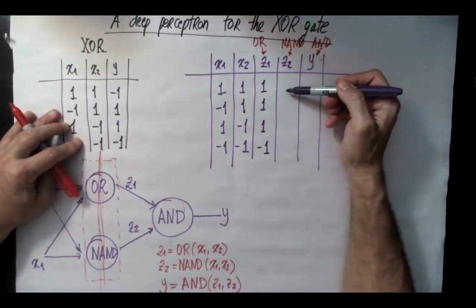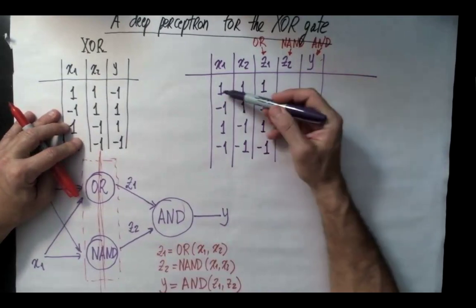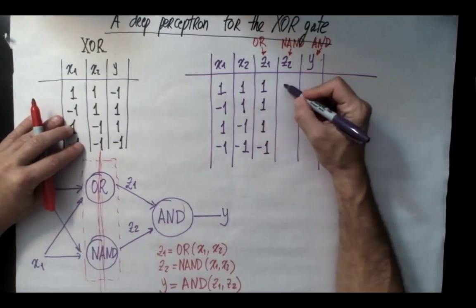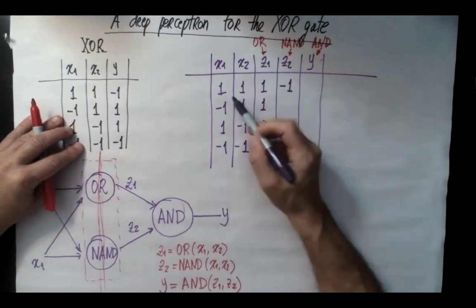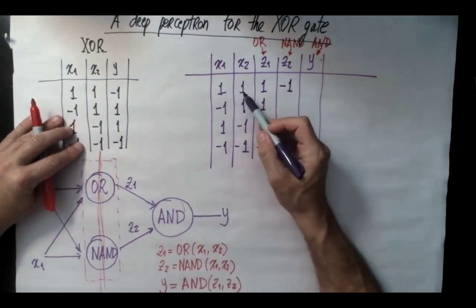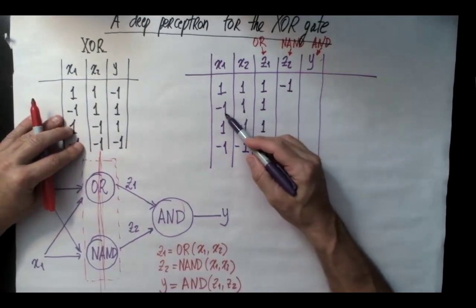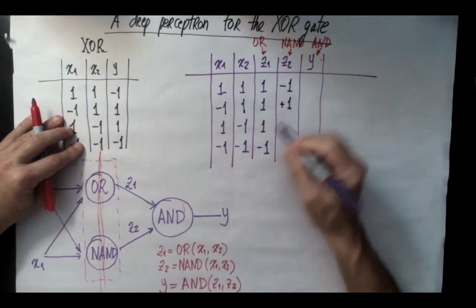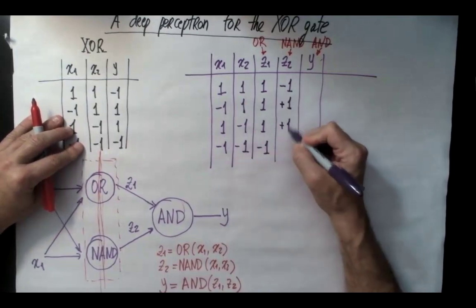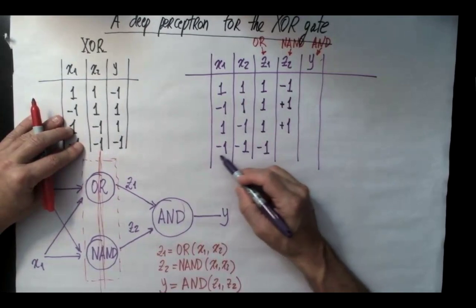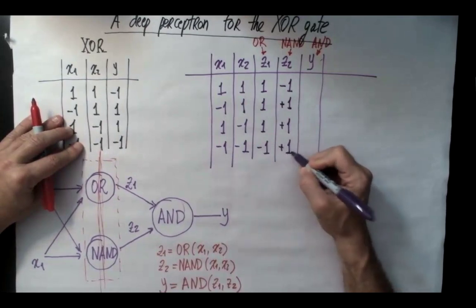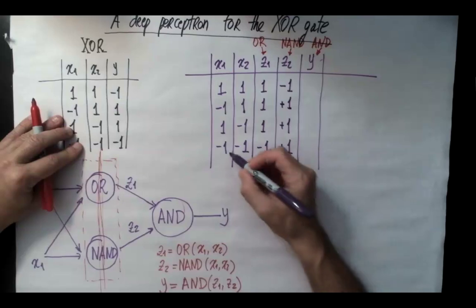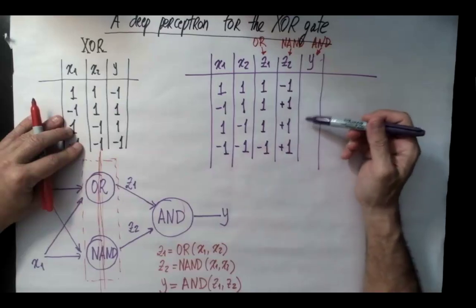The not AND of the same pair is the negation of the AND, and so here it is going to give us -1, because we have both true and true. Here it will be positive, +1. Here is also going to be +1, and also here is going to be +1. Remember, this is the negation of the AND gate.